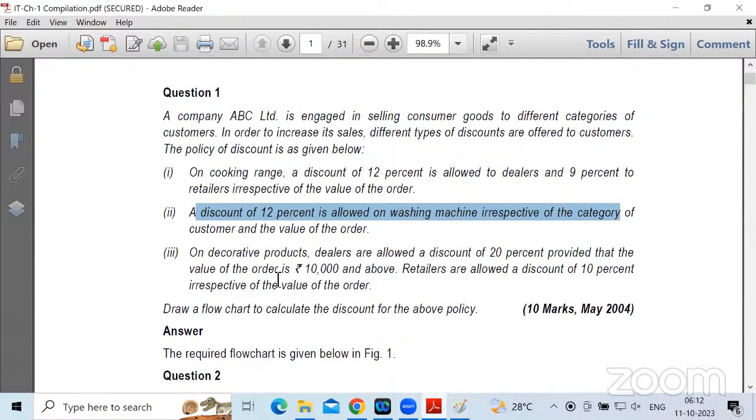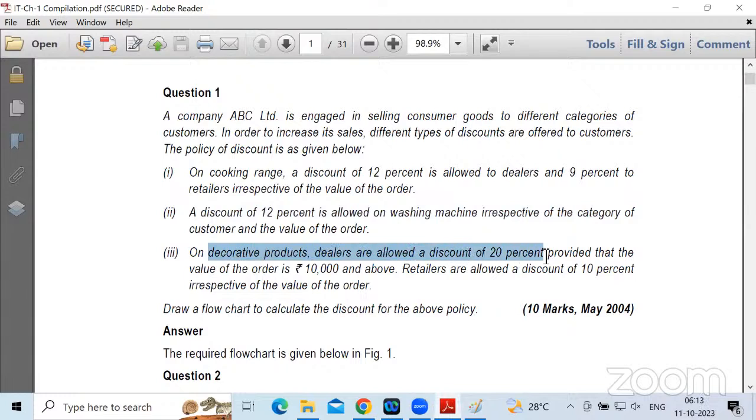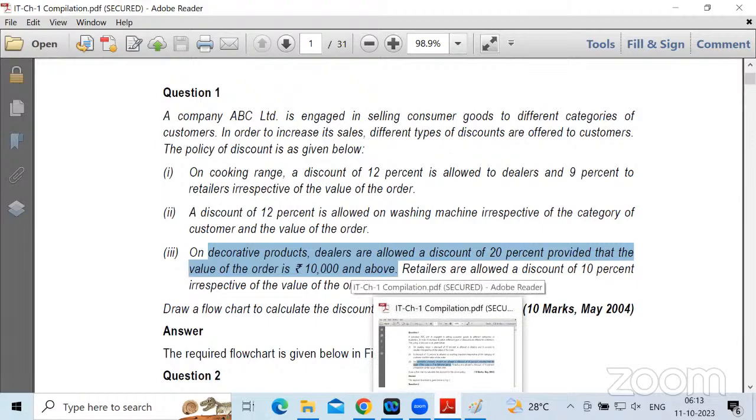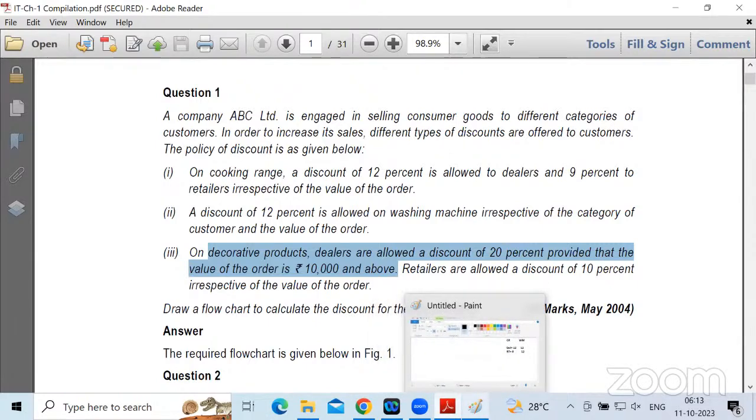The third one is on decorative products. Dealers are allowed a discount of 20%, provided that the value of the order is 10,000 and above. So I repeat, if it is 10,000 and above, 20%. If not, 0. That is a minimum.